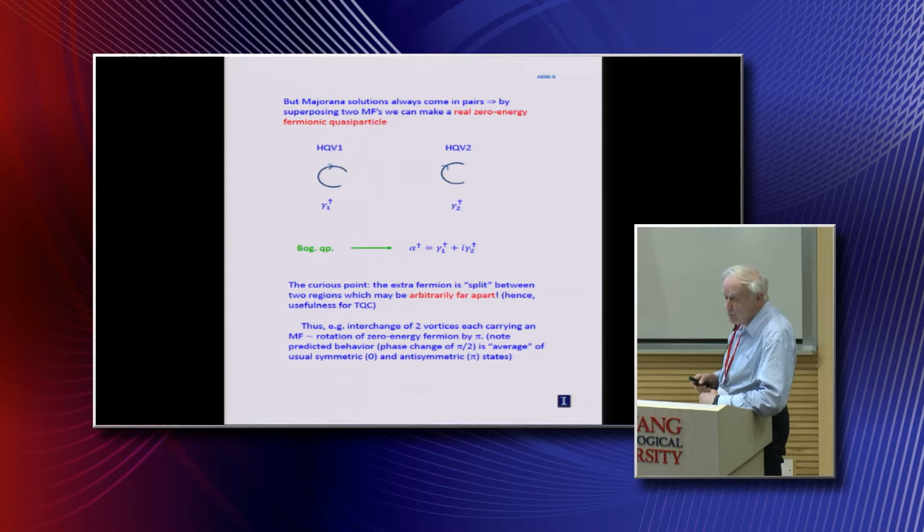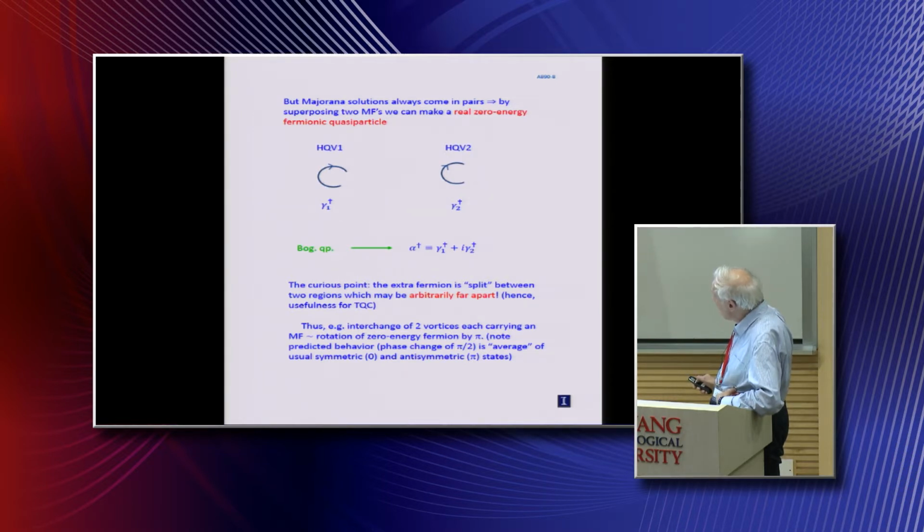So I think personally that it's much simpler to think of this whole business by not mentioning Majorana fermions explicitly at all, but rather by thinking in terms of these extra fermions. So for example, in this language, if I interchange two vortices, each carrying a Majorana fermion, that's equivalent to rotating a single Bogoliubov fermion, which is sitting on both of those vortices.